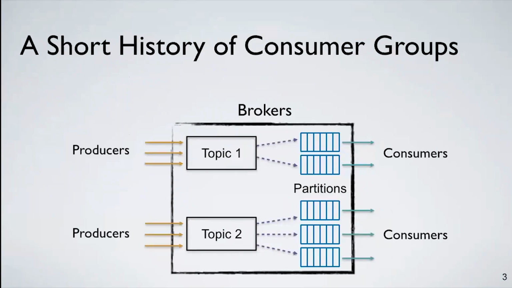Okay, a very quick 30 seconds short history of consumers and how we evolved its design. So as we all know, in Kafka, data is organized into topics, and topics are sharded into partitions. Each partition is an append-only log, and consumers can read sequentially from the log.